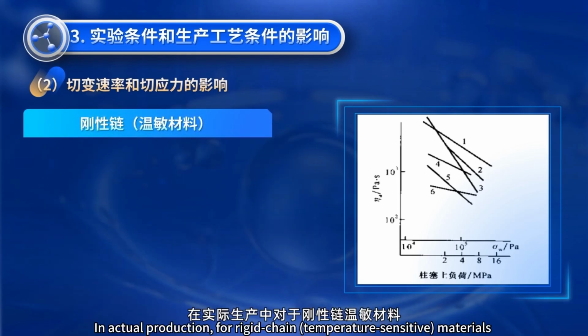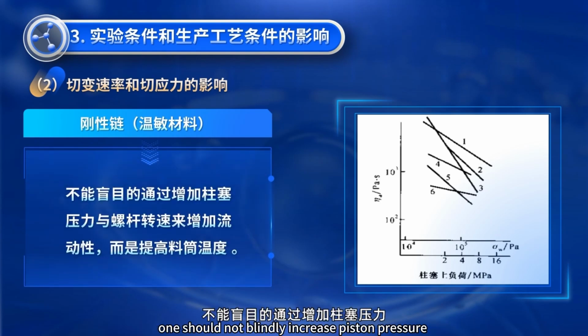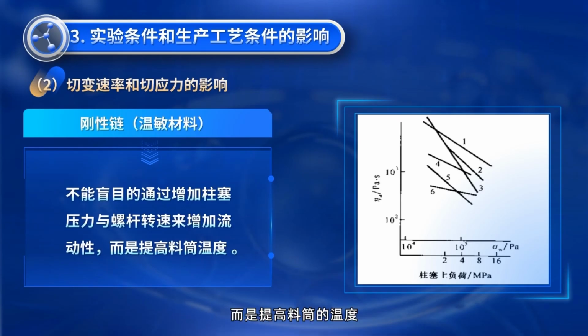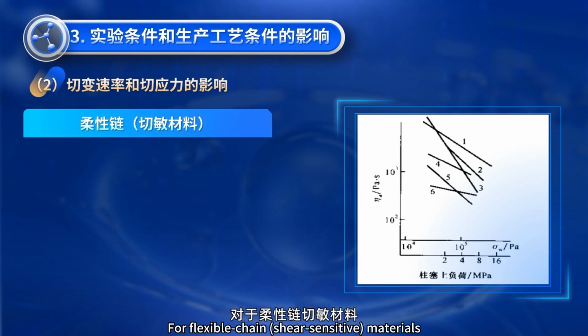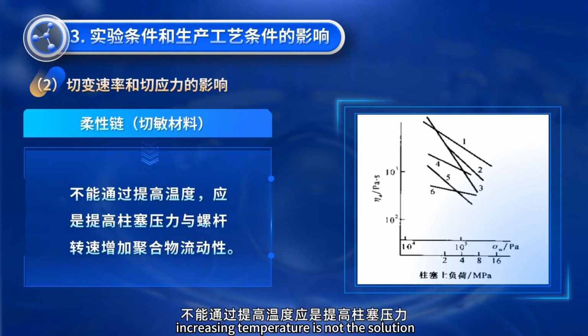In actual production, for rigid chain, temperature-sensitive materials, one should not blindly increase piston pressure or screw rotation speed to enhance fluidity. Instead, the barrel temperature should be raised. For flexible chain, shear-sensitive materials, increasing temperature is not the solution.